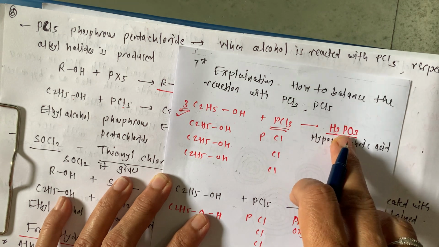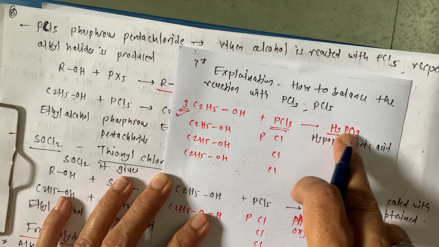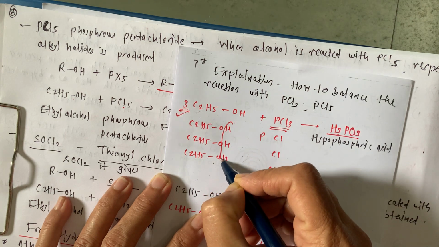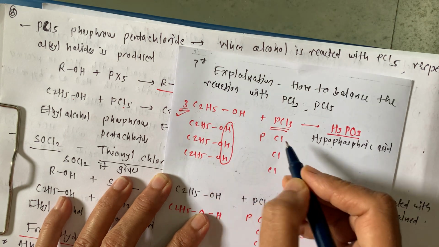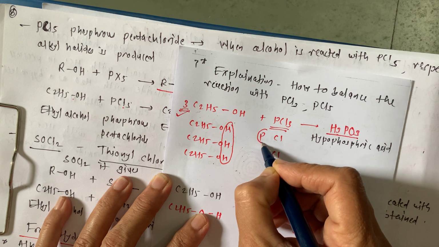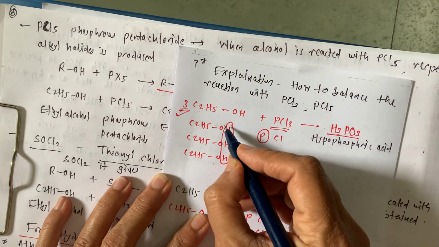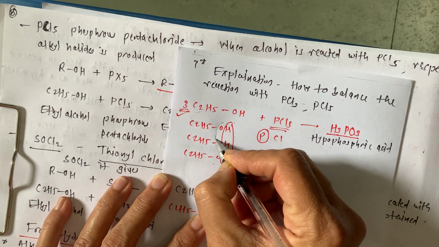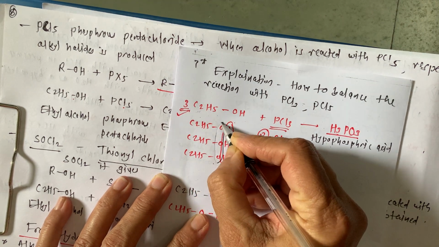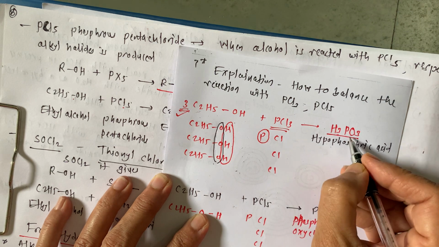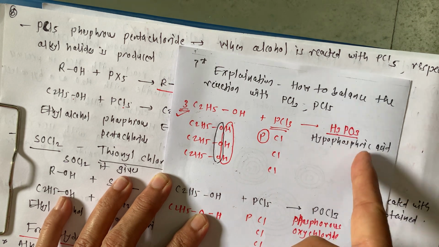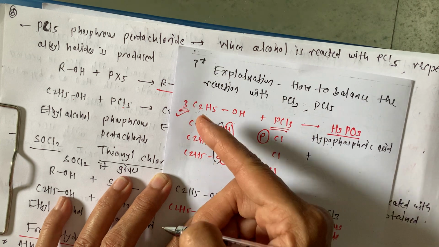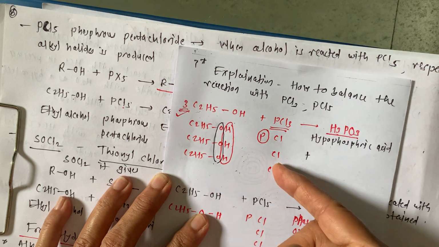What is the byproduct? You have to remember H3PO3. So this H3, then 1 phosphorus and then 3 oxygens. These 3 oxygens you have to remove. If you remove these, what is remaining? Remaining is 3 ethyl and 3 chlorine.